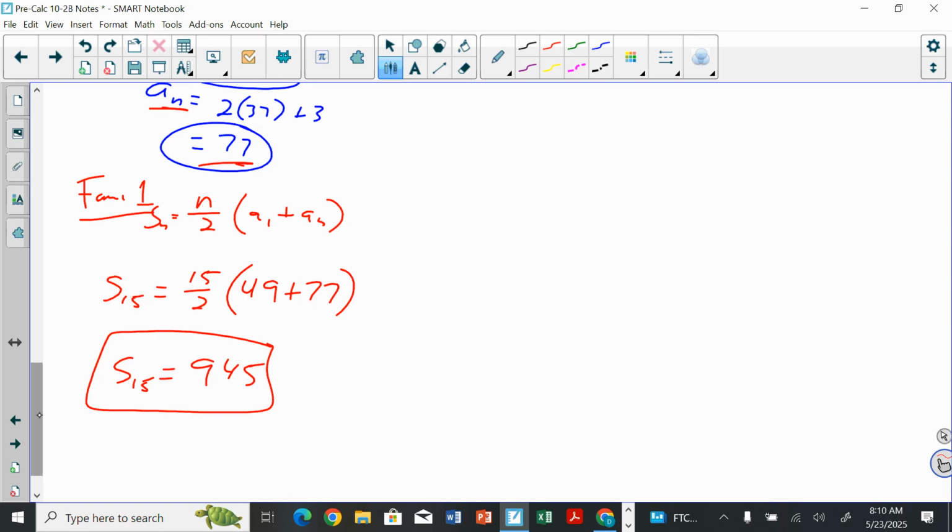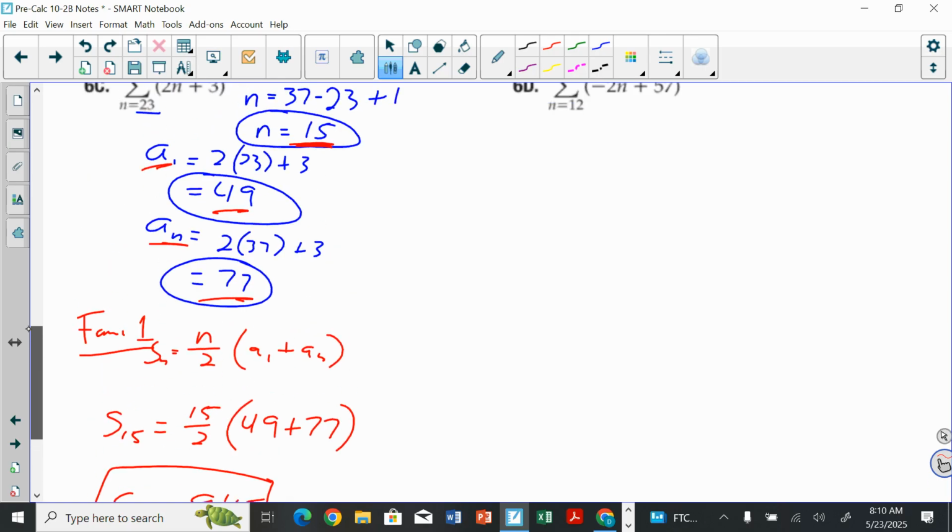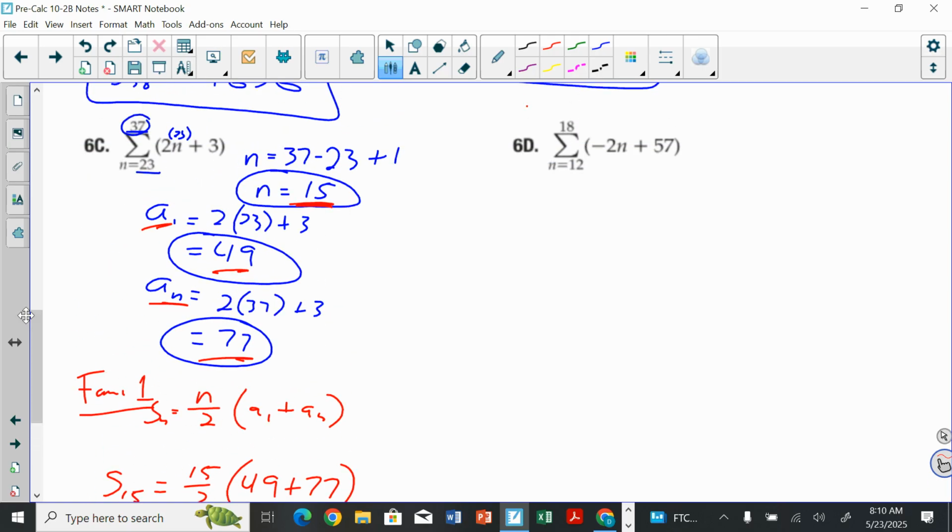Okay? All right, same thing here on another sigma notation one. Again, let's find n first. n is going to be my upper bound, 18, minus the lower bound, 12, plus 1. So my n here is going to be 7. Okay, that's what I needed. Then to find a1, I'm just going to plug my first term in here.